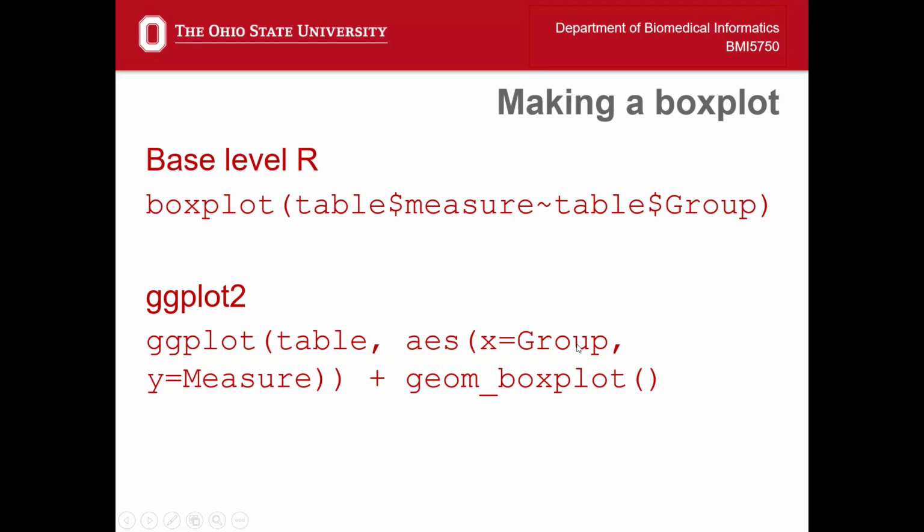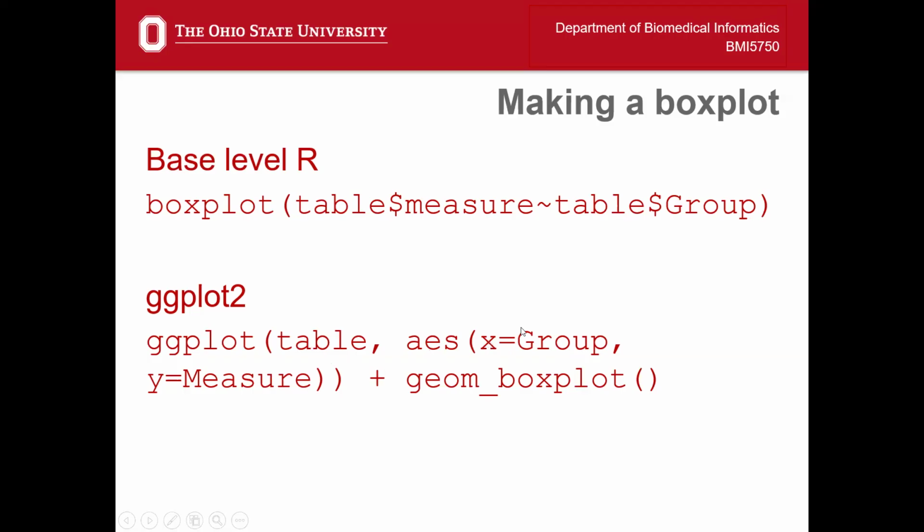You only have to say group because we've already told it what data frame we're pulling from with this table listing here. It sort of makes our command cleaner because we don't have to type that over and over again. But here's where we initiate our ggplot function with our table, with our aesthetics.